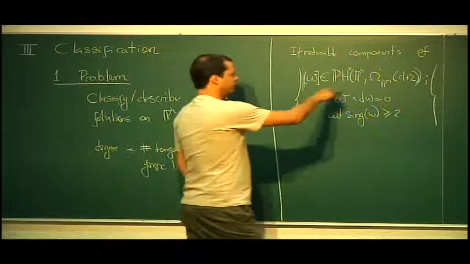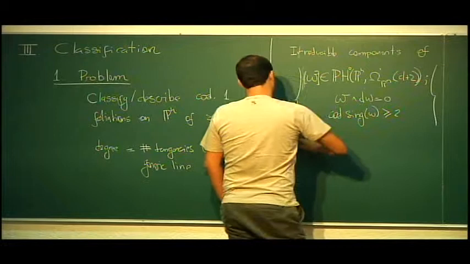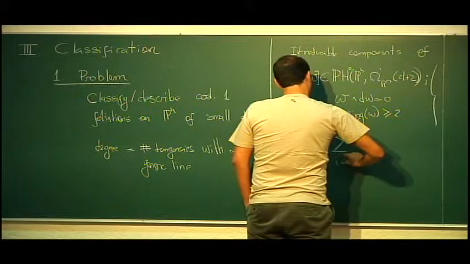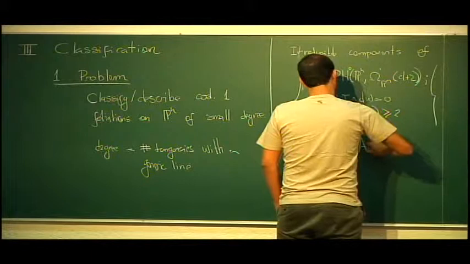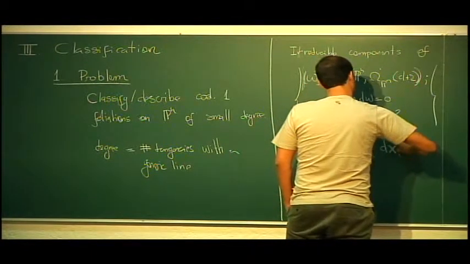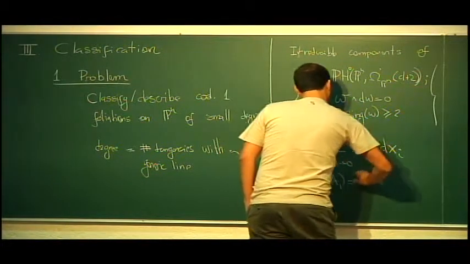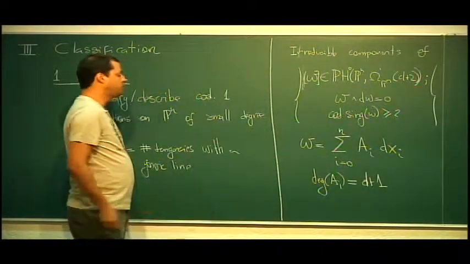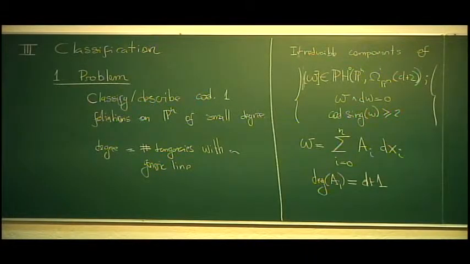Let me just recall that a section of this line bundle can be explicitly presented as a homogeneous polynomial one form in C^(n+1), having coefficients of degree d+1, and the singular set of the corresponding sections is just the common zeros of these homogeneous polynomials of degree d+1.